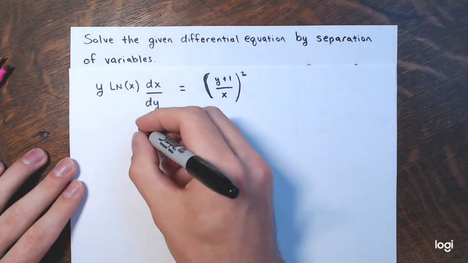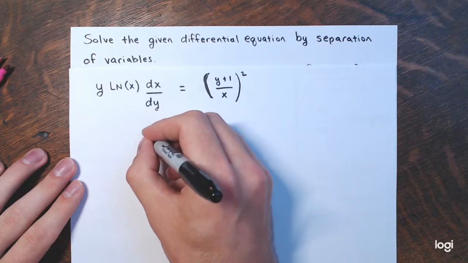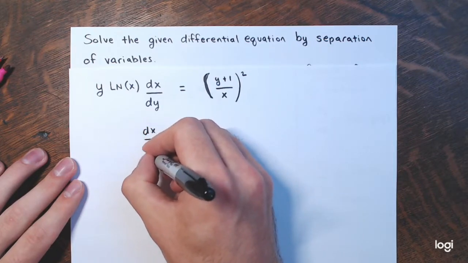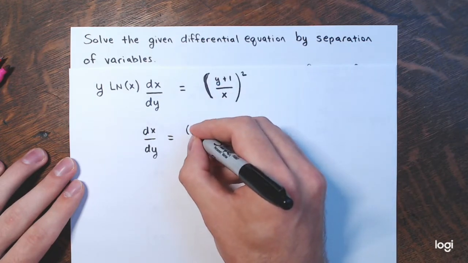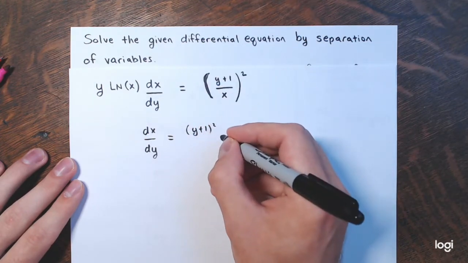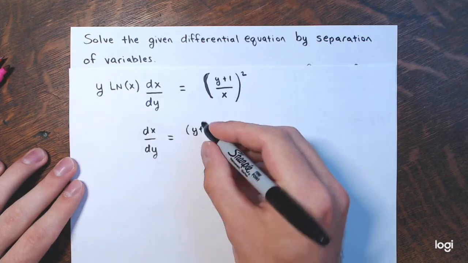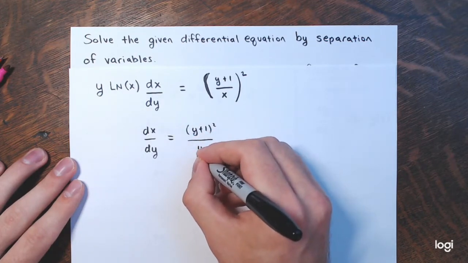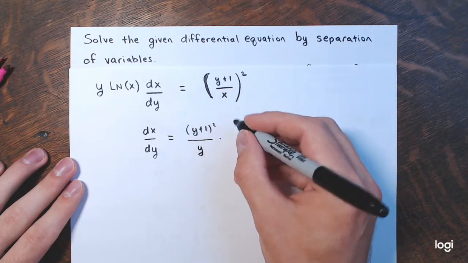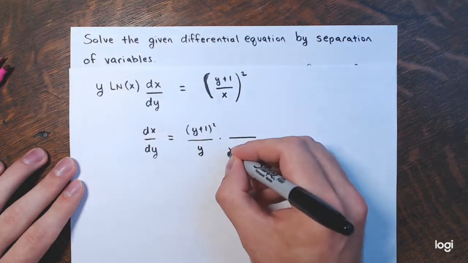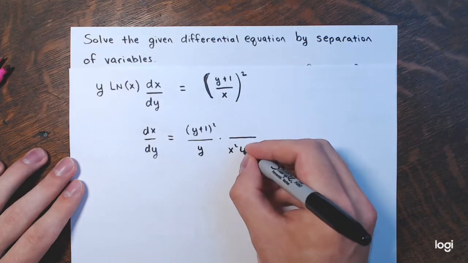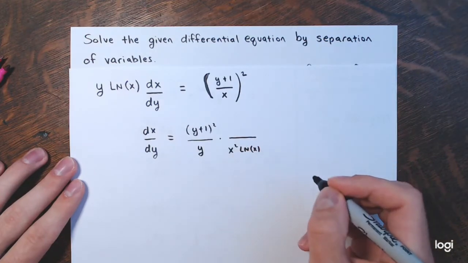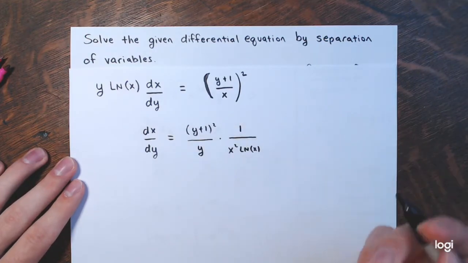All right, so if I mess with this a bit, we have dx over dy equals, and then here, if I square the numerator, you have the quantity y plus 1 squared, and then I'd be dividing by y, so we have over y times, and then a factor of x squared in the denominator, and I'd be dividing by the natural log of x, and then 1 in the numerator.